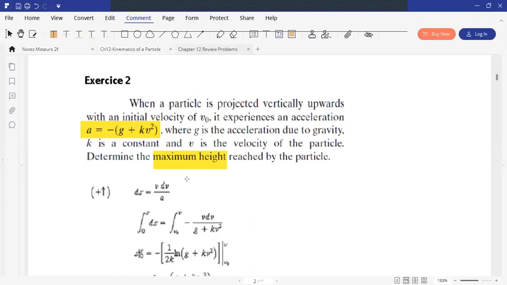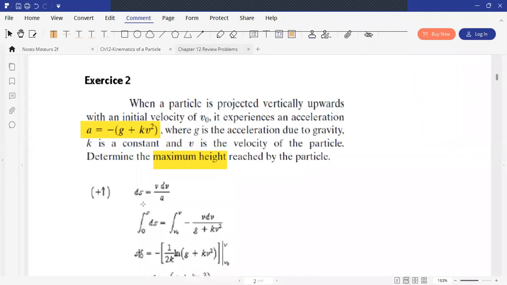So now, to find the position, since A is a given function of velocity, I will take A to the other side. This is called separation of variables. When I do separation of variables, I will have on this side only the variable V, and on this side the variable position S. Now I will integrate for position from 0 to S, and for velocity from V0 to V. Now, I want to find the maximum height.